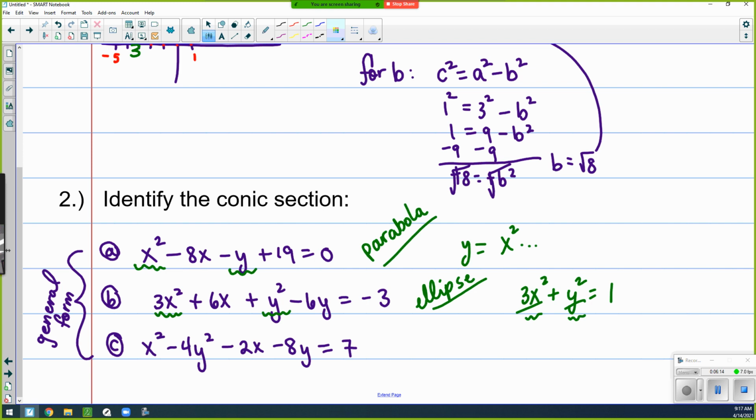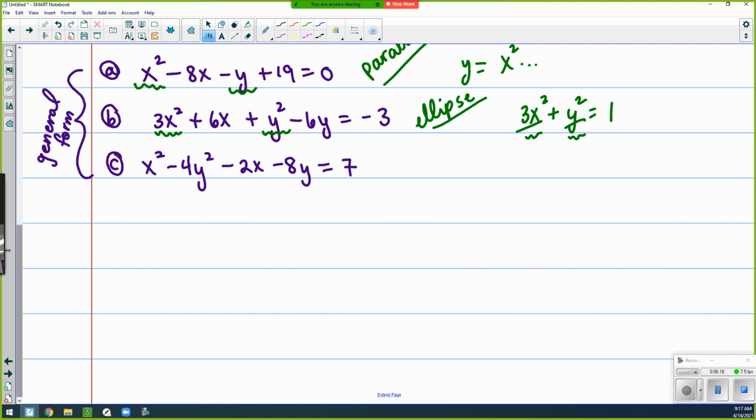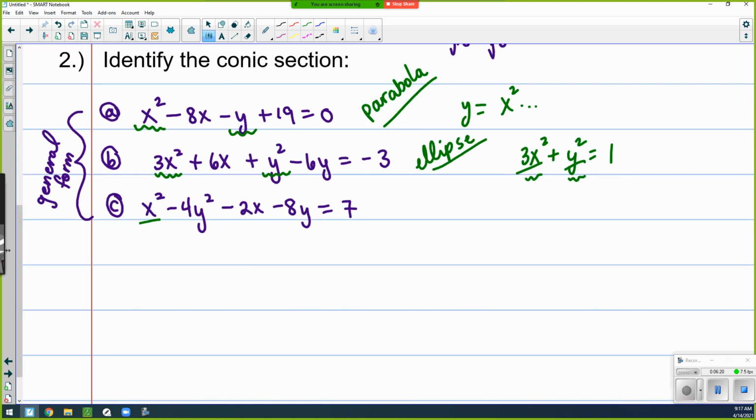That's going to be an ellipse. And then finally, letter C. What's going on here? Well, what I recognize is x squared and then a negative y squared. So if you have x squared and a negative y squared, what is that? Did you say hyperbola? Yep, it's a hyperbola.